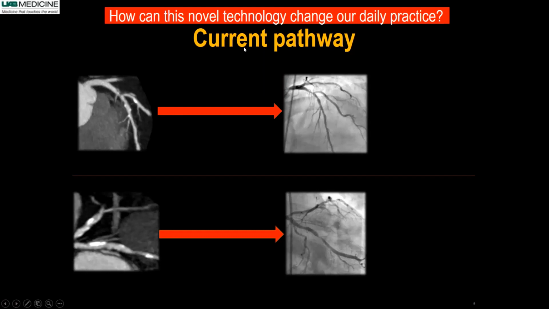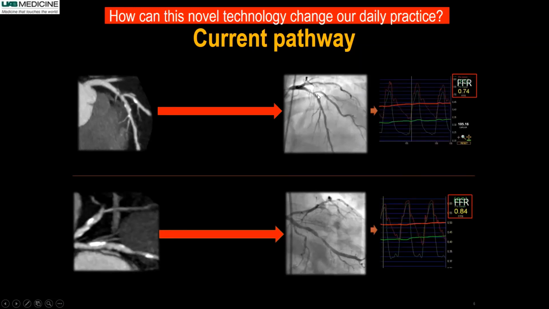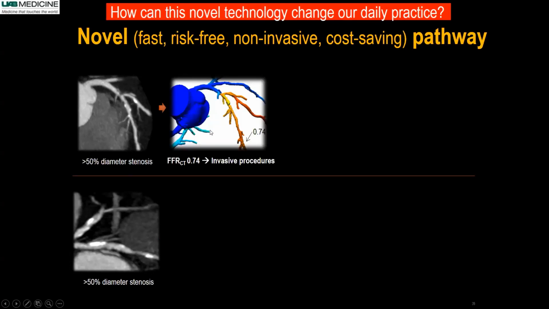So how can these help you in daily practice? Now we do a CTA which shows you significant disease that leads to catheter evaluation, and then you do the FFR. If it is low, you treat it. If it is not low, say 0.84, you just do medical treatment.